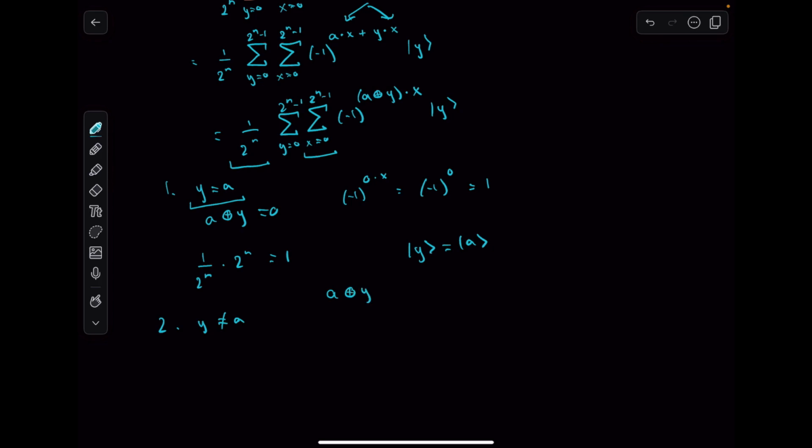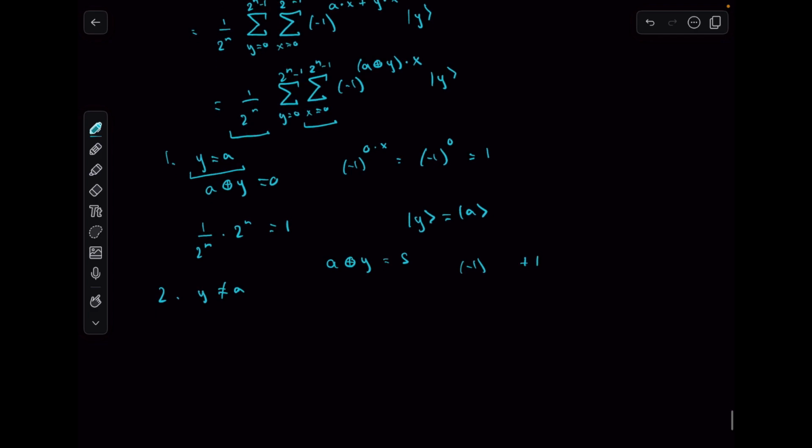When y is not equal to a, a XORed with y is just some bit string s that we know is not all 0. So it has some 1s littered throughout this bit string. And what happens is as we cycle through the values of x, and it's not too difficult to see this, we're going to get as many -1s as we will get +1s.